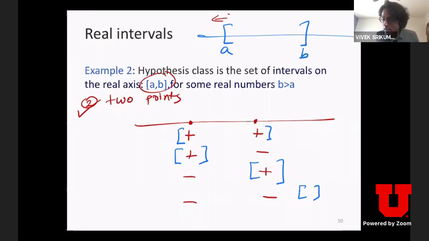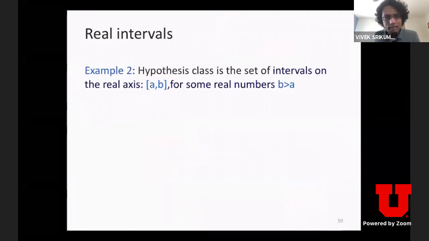The first hypothesis class we considered, half left bounded intervals, was not expressive enough to shatter 2 points, whereas all intervals, the set of real intervals, is expressive enough to shatter 2 points. Okay, this seems exciting. Let's see if we can do more.